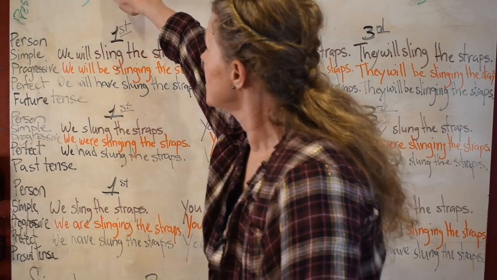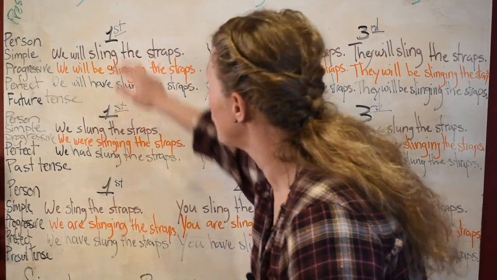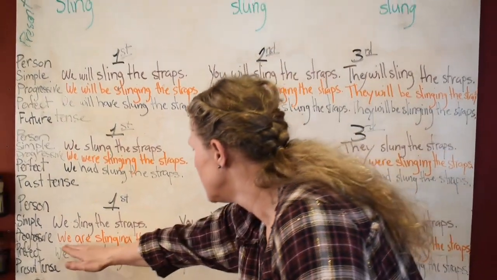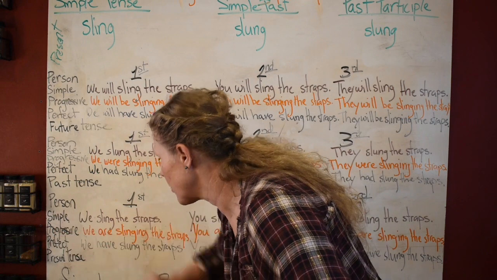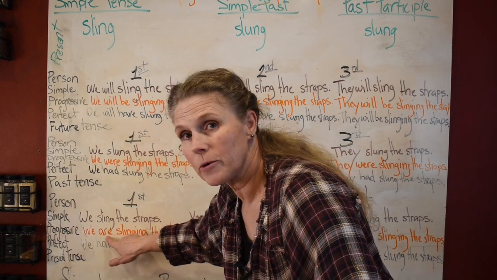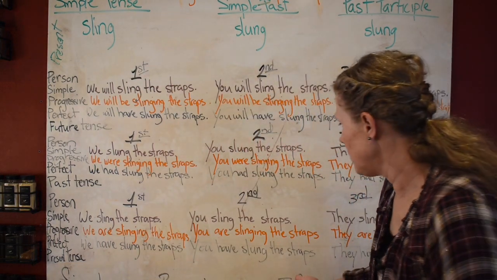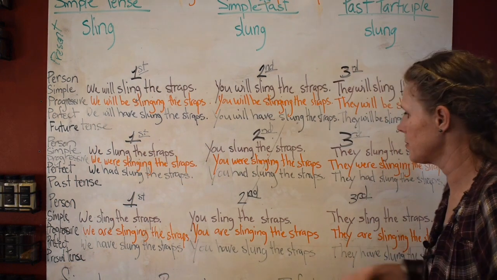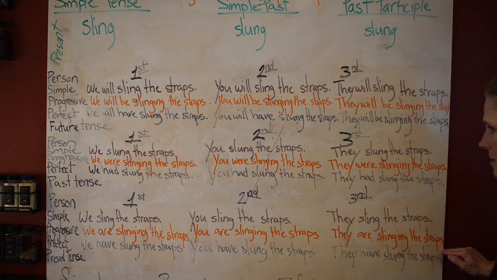So simple tense makes the progressive with the ing. You have to use your auxiliary verb when you are in the progressive tense. Since this is plural, we use the plural verb. The plural verb is the same in first, second, or third person. You are slinging the straps. They are slinging the straps.